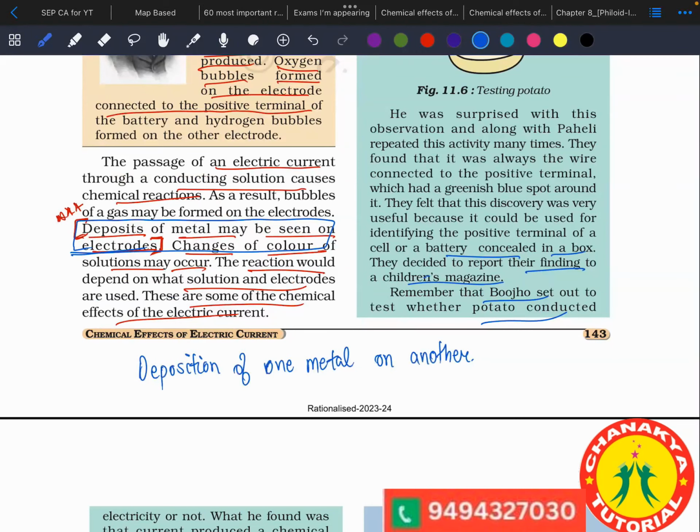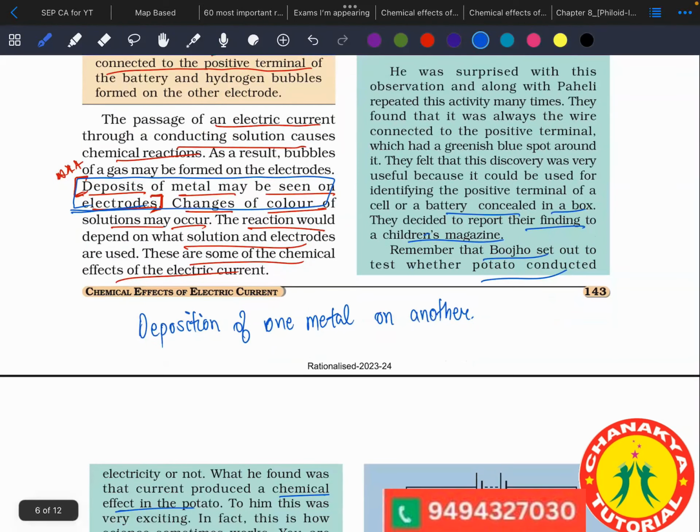We call this kind of phenomenon electroplating, when one metal is deposited on another metal, and this activity is very important. Why? Because let's say there is some material. Okay, you know about iron. You must have seen the rusting of iron, isn't it?